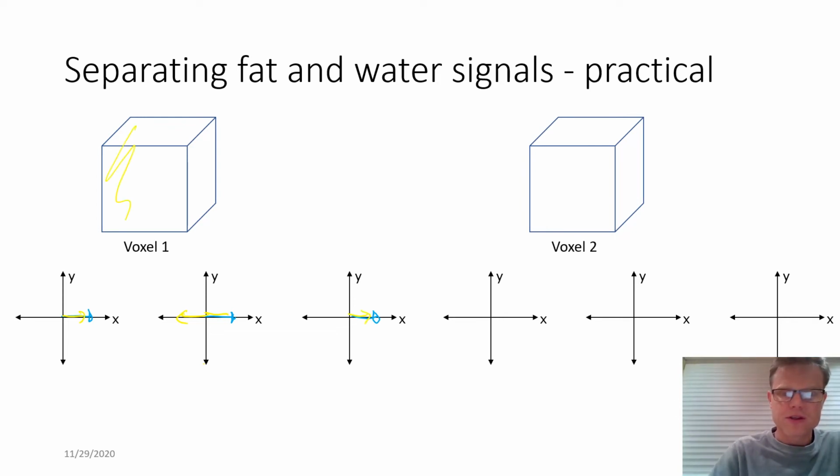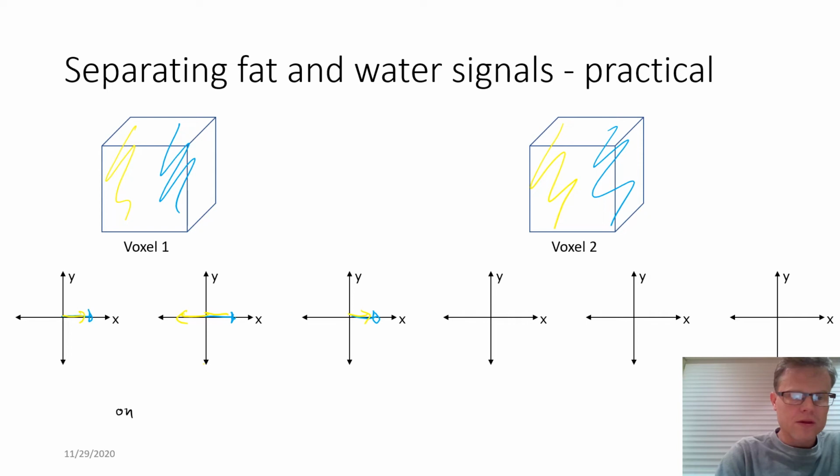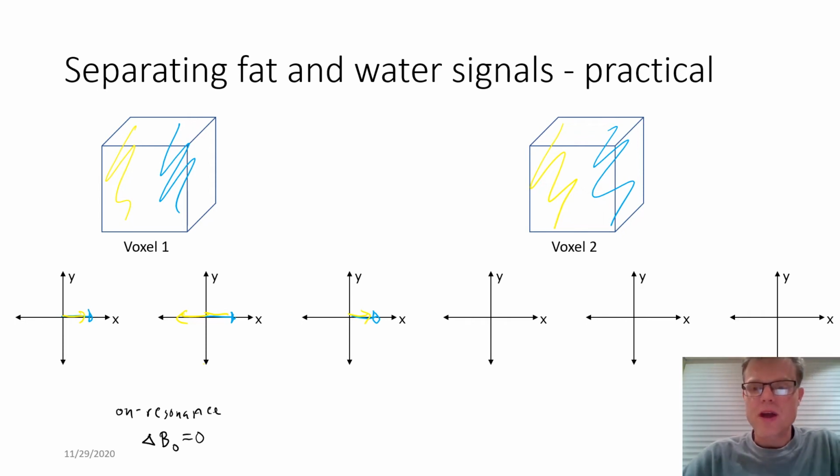Let's say in a different region, the difference between these two regions would be here. We would assume on resonance, or sometimes I use this notation, there's no change in the net magnetic field due to other phenomena like magnetic susceptibility.